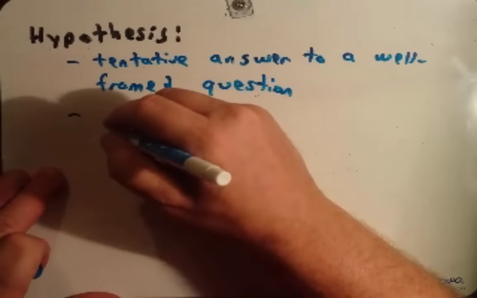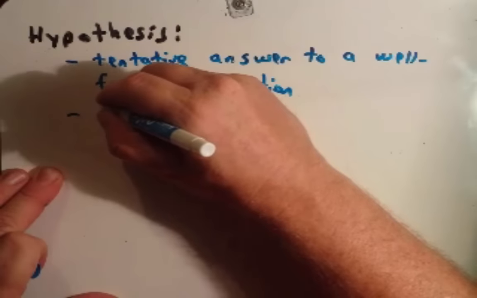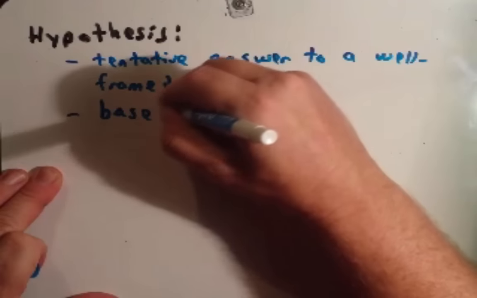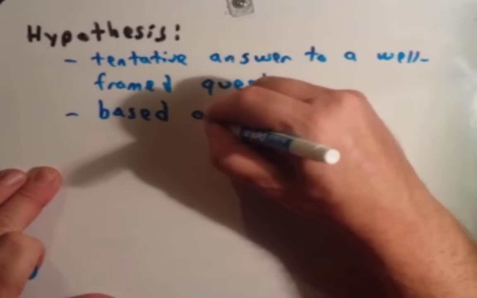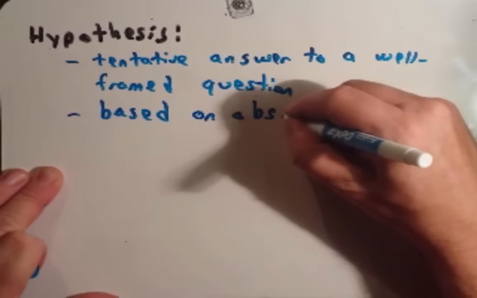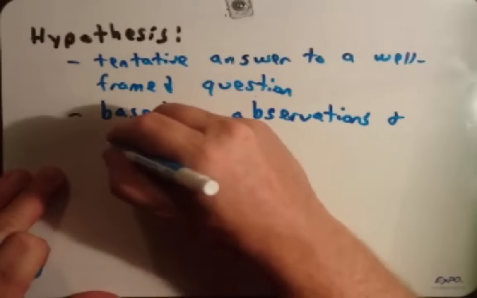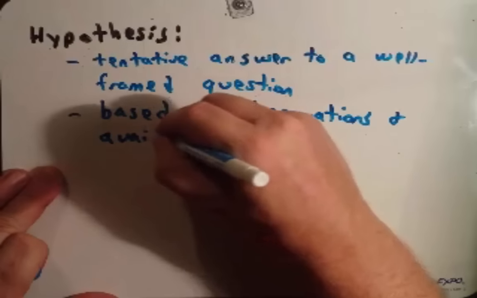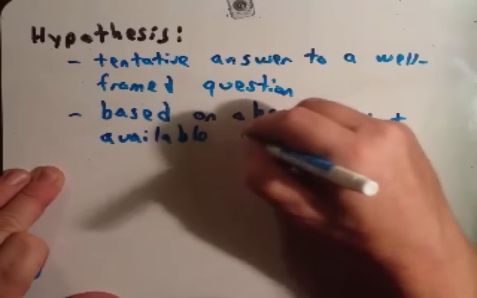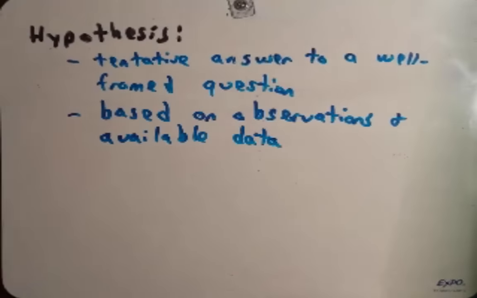A hypothesis should be based on observations and available data. Maybe it was an experiment that was performed previously, maybe it's an experiment performed by someone else, but there's some data that you're basing this hypothesis on. It's not just a guess.